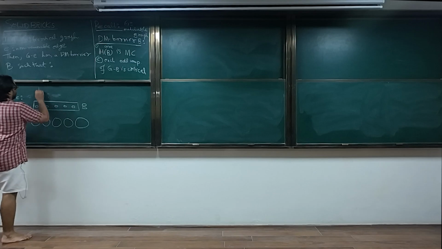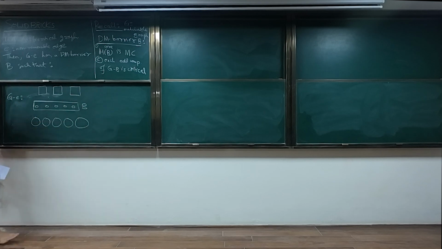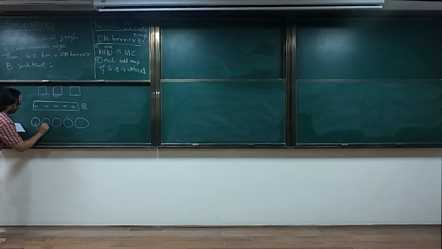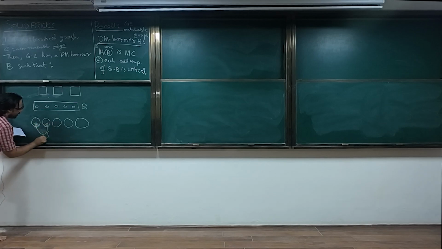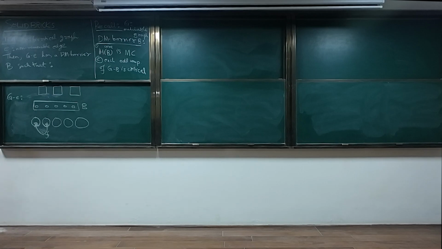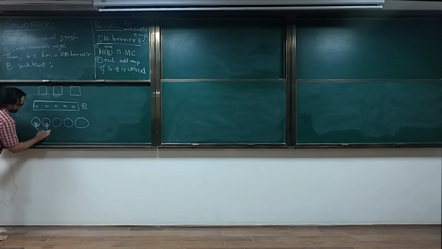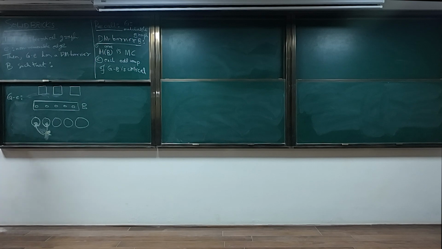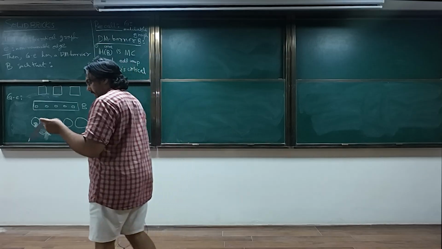There may also be even components. And the edge E has its ends in distinct odd components of G minus E minus B. Okay, nothing so far. That's one property.